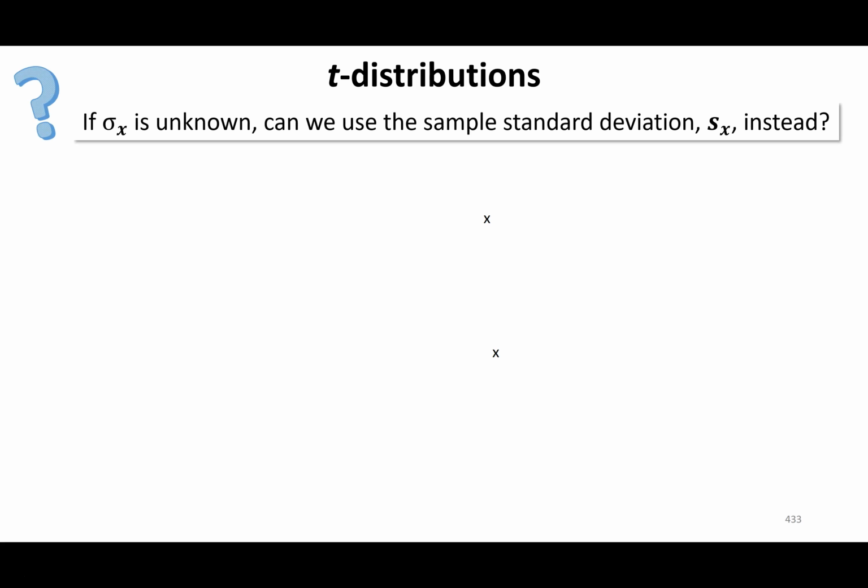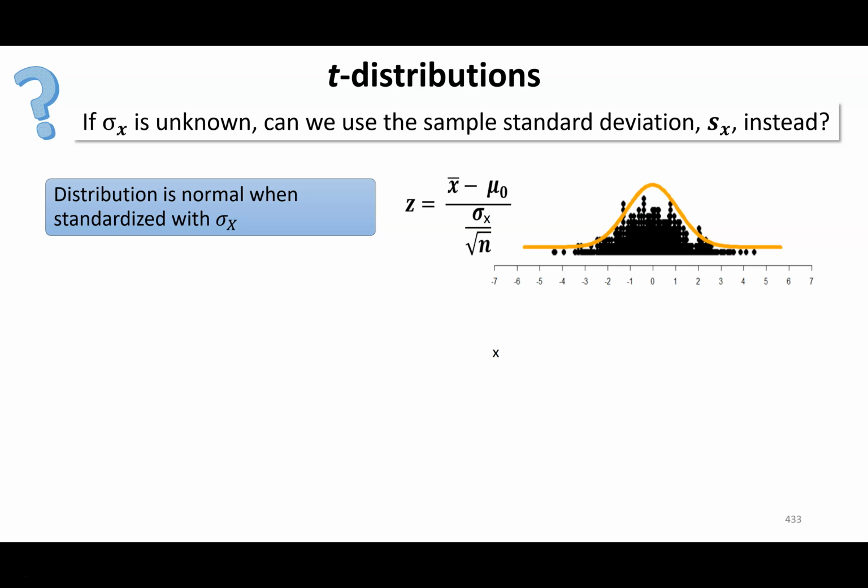So that means that if we're going to use S over root n, we have to use T distributions instead of our Z normal distributions. Here, our distribution is roughly normal when standardized, as we were doing the last couple of weeks.